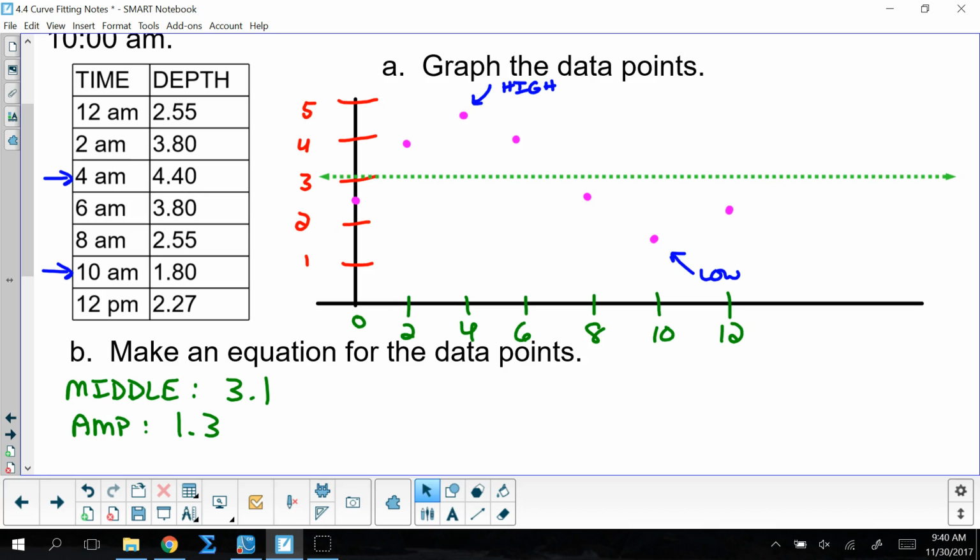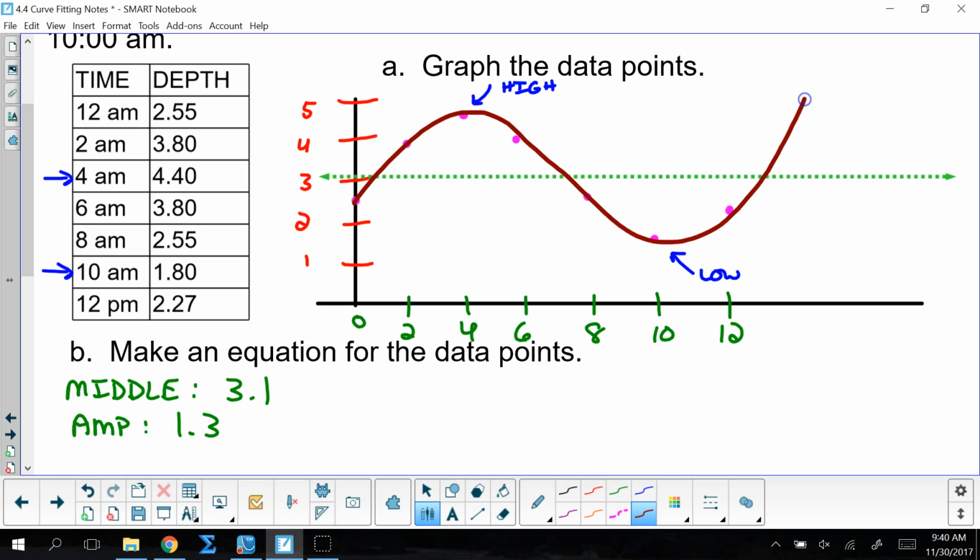Okay. Good so far. What else do we need to make this? Let me draw my curve in. See if that helps us. Yeah?